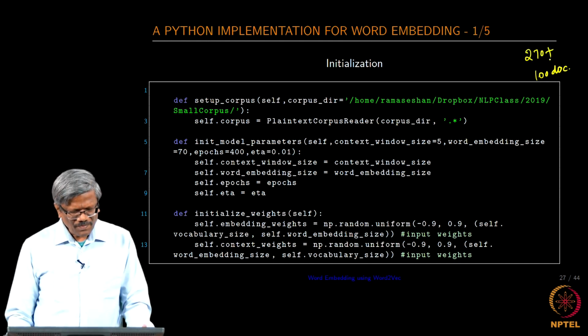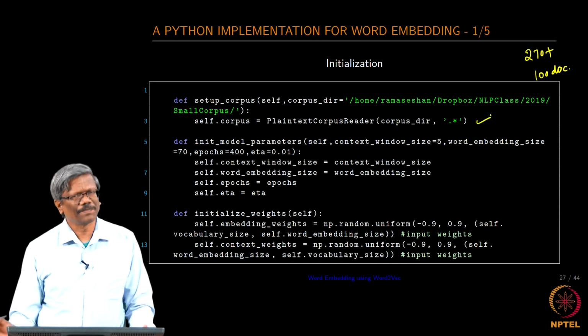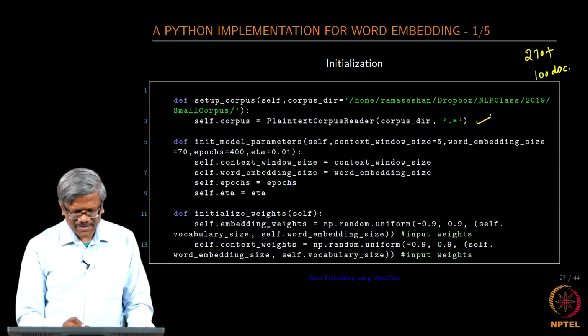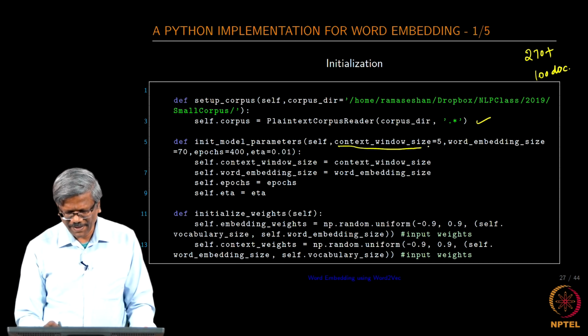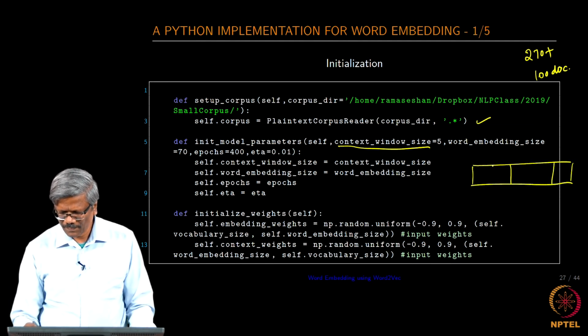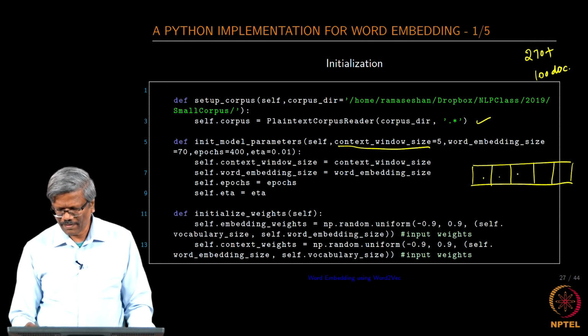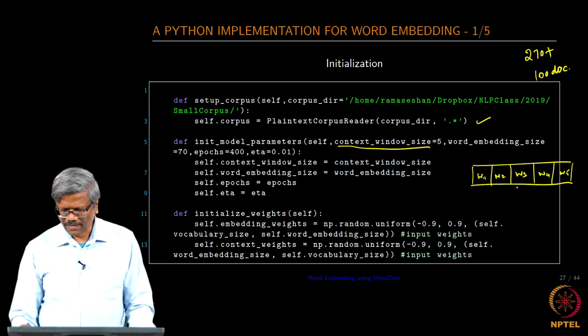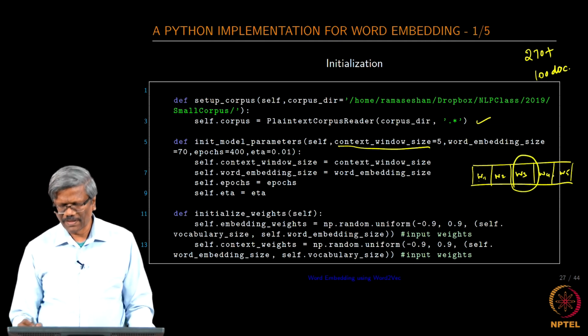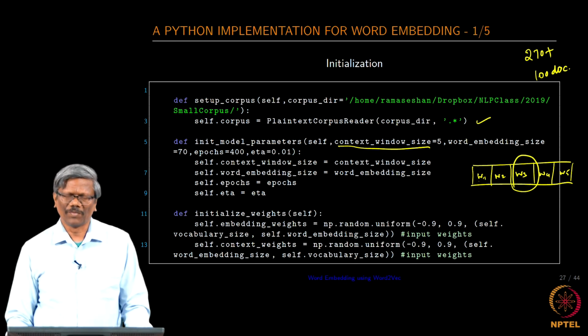Okay. So, I will be initializing some parameters. Initially I set up the corpus, so that I can read all the documents, and then I initialize the model parameters. In this case, I am taking the context window. You remember we will be having the context window, where we will be looking at, okay, in the skipgram model, I will be inputting this, and these are the context words the application is supposed to predict.